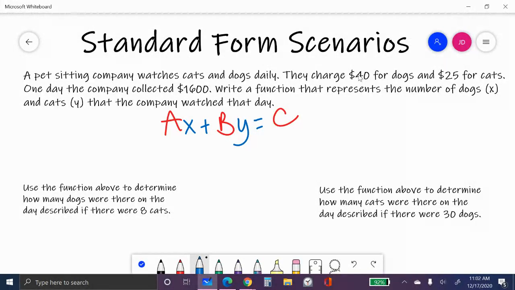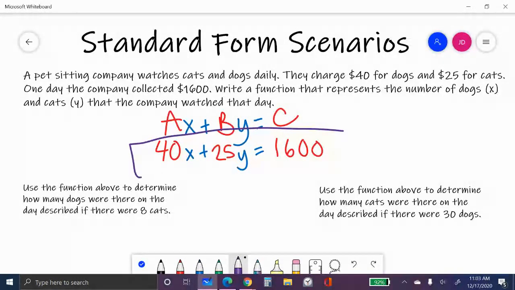So that's the rate for the dogs, right? $40 for dogs and $25 for cats equals a total of $1,600. So this right here is my standard form equation for this scenario. $40 per dog plus $25 per cat equals $1,600.